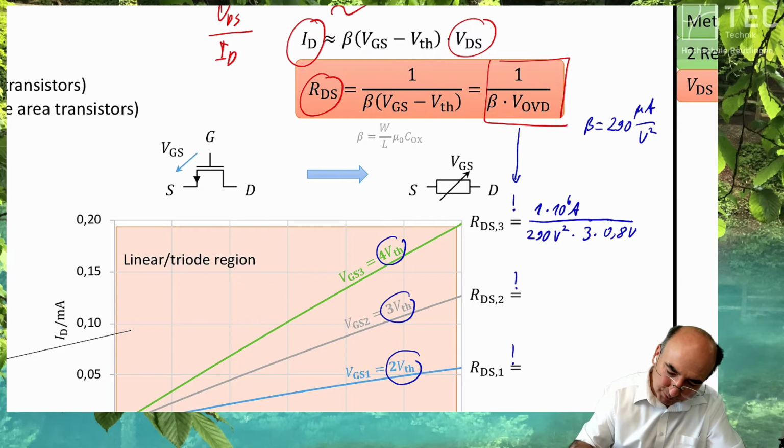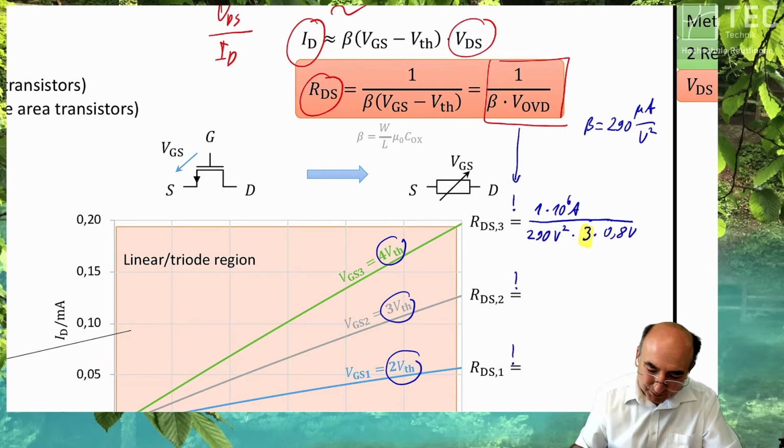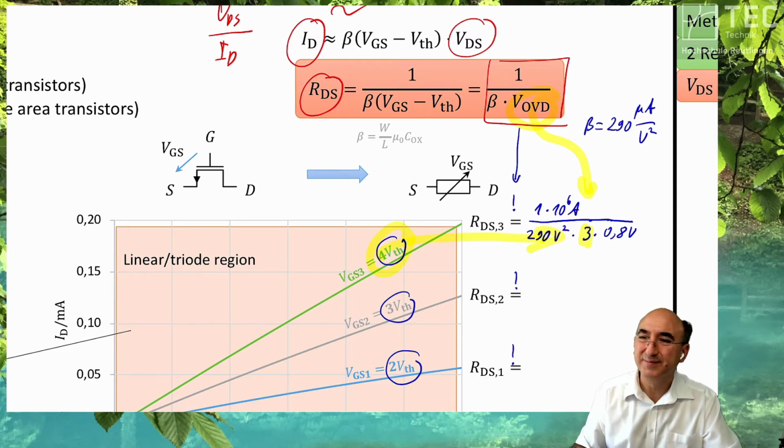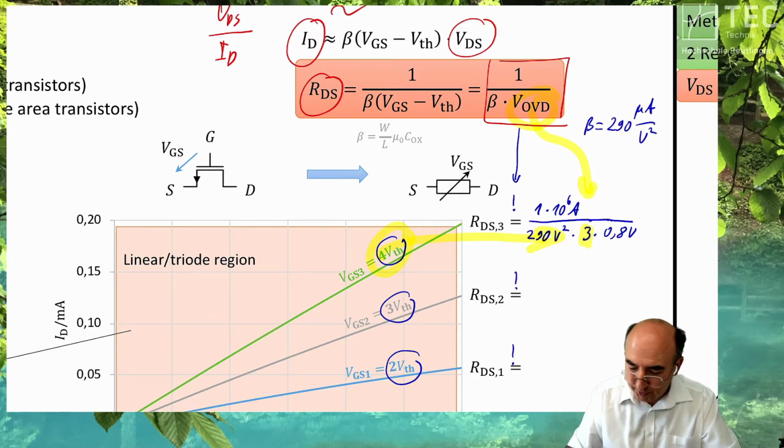So the important point is it's 3 times, because it's the over voltage, not 4 times. The over voltage is 1 VTH less. What is the result?